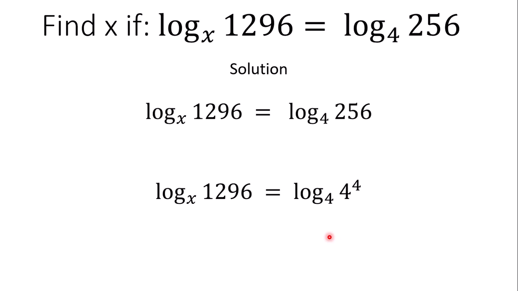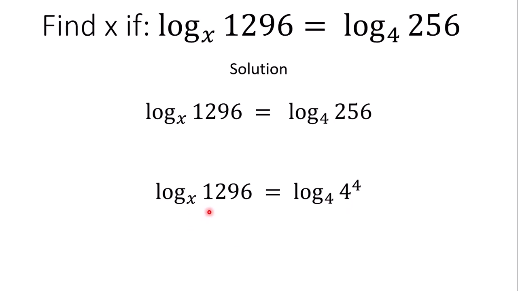So applying that here, we assume this is A and this is B. Just forget about the base. So it can be written as B multiplied by log A. Applying the same thing here, this can be written as 4, which is the B, times log A, which is the 4 here.